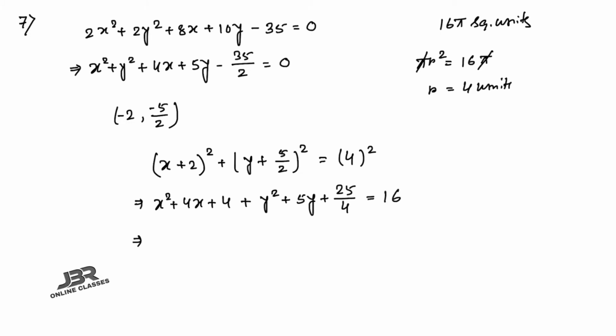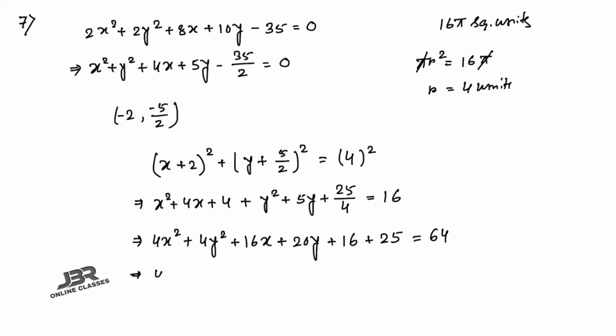Now multiply with 4, so 4x square plus 4y square plus 16x plus 20y plus 16 plus 25 equal to 16 into 4, it's 64.